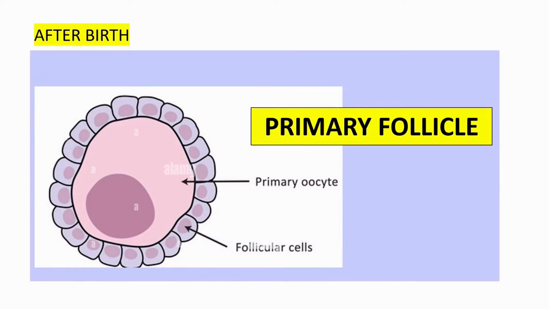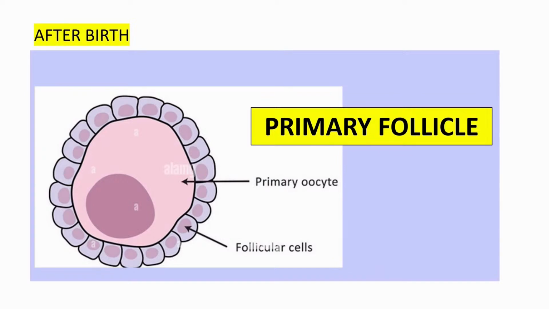Okay, so after birth, remember, the primary oocyte will stop at prophase 1. Then it will be covered with a layer of follicular cells. This combination, the primary oocyte and the follicular cells, we call the primary follicle.